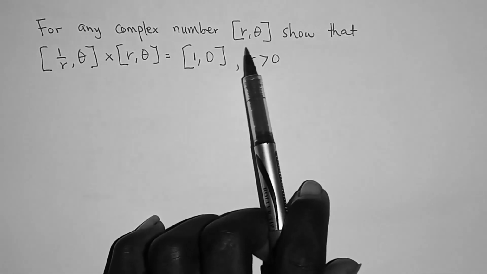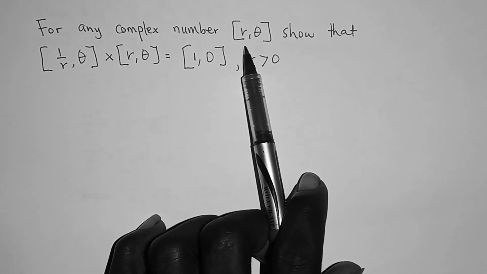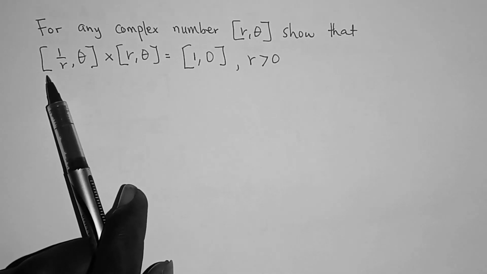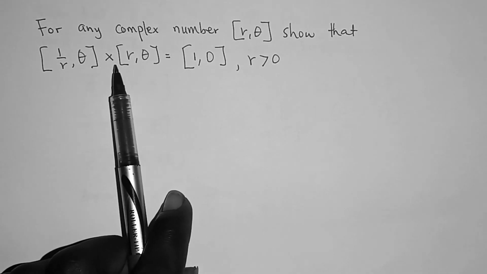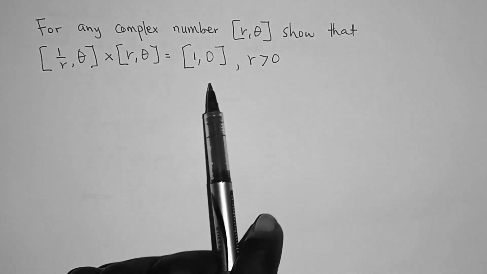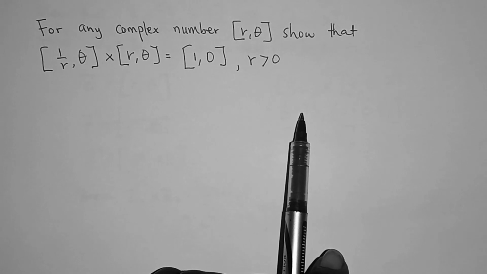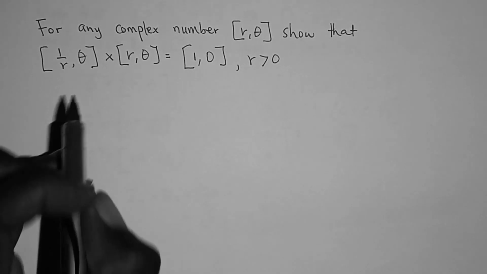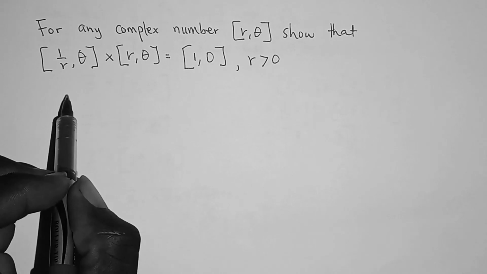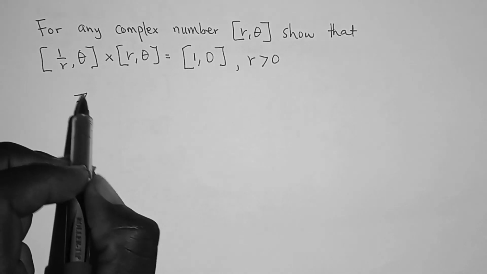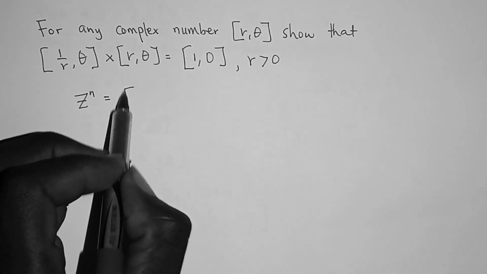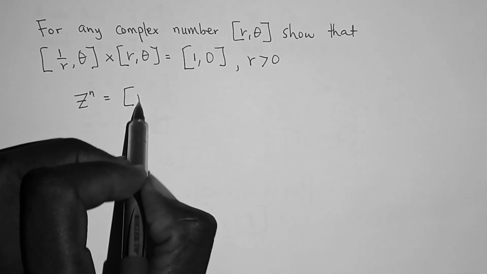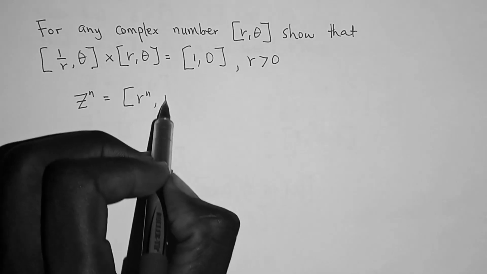For any complex number, into bracket r theta, show that into bracket 1 over r, minus theta times r theta is equal to 1, 0, where r is greater than 0. So remember, using the Moivre's theorem, z exponent n is equal to bracket r exponent n, n theta.